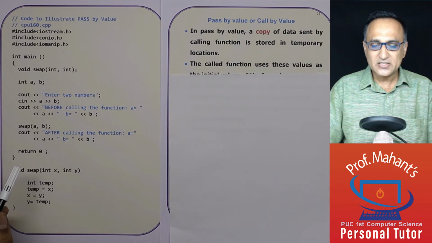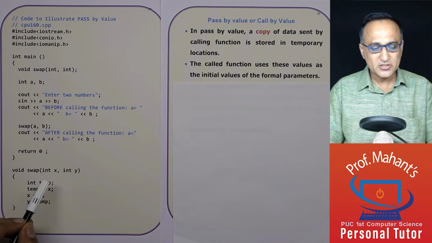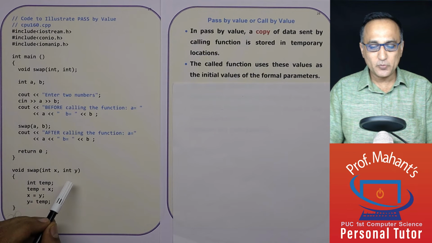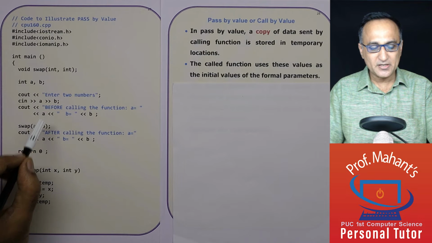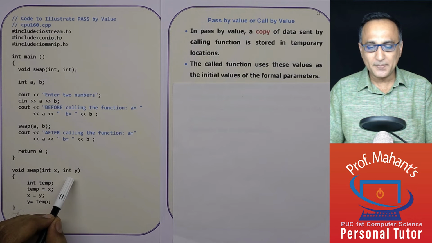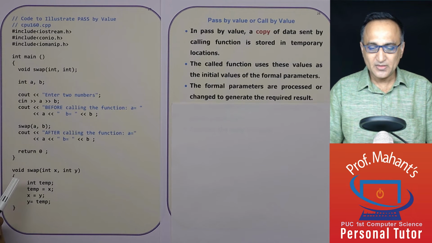Next, the called function, swap, will use the value of A which happened to be 20 and the value of B which happened to be 30. Those are the values of the actual parameters which got copied into formal parameters, and the function was executed using those values.